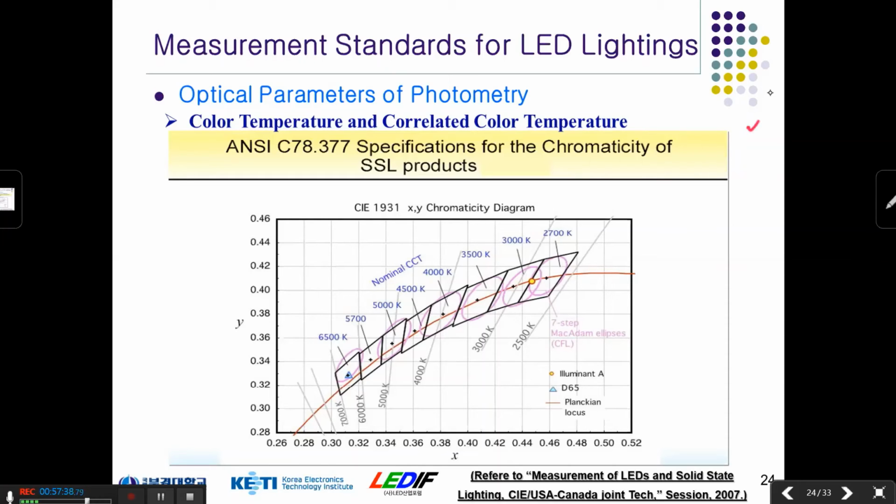This slide compares the 7 MacAdam ellipses of compact fluorescent lamp and the ranges of nominal CCTs. The number of MacAdam ellipses is 7 here, and the nominal CCTs are 8.